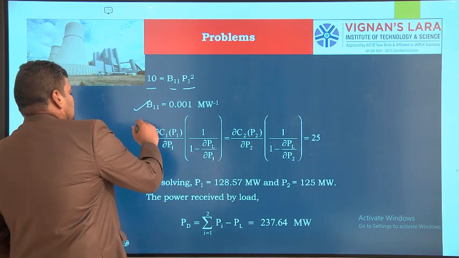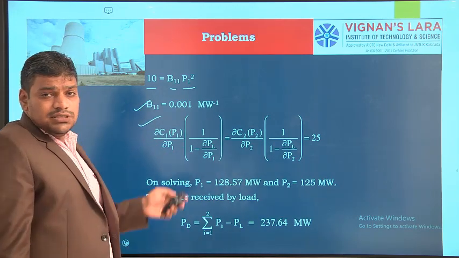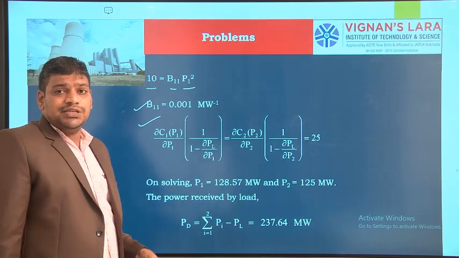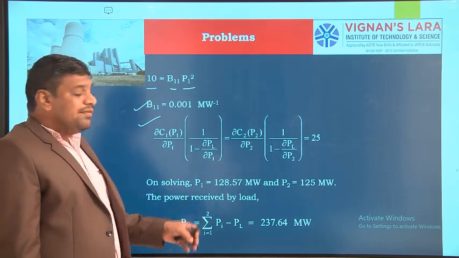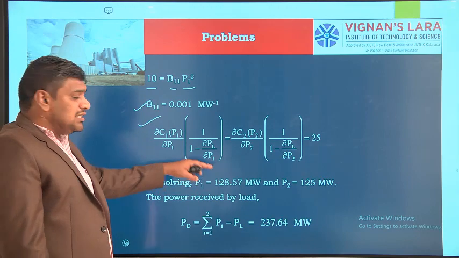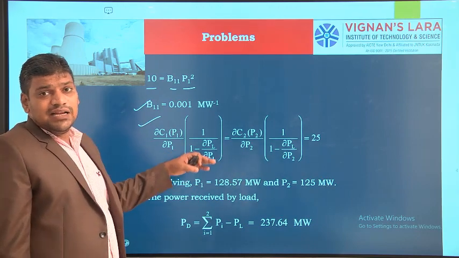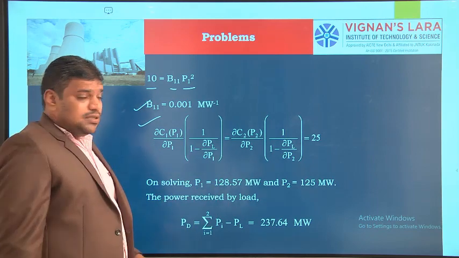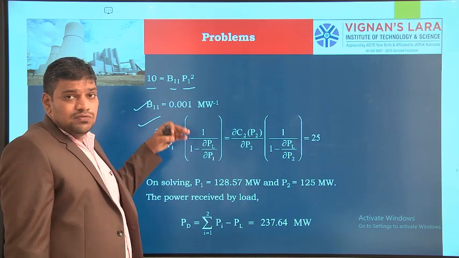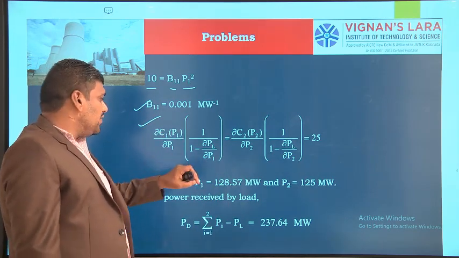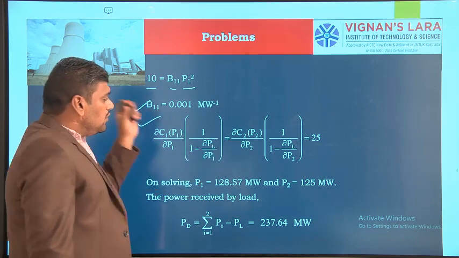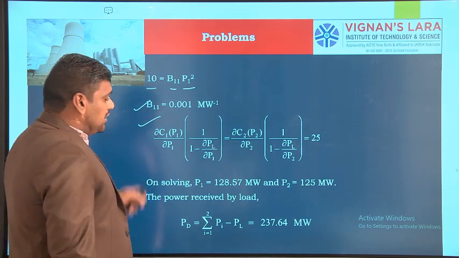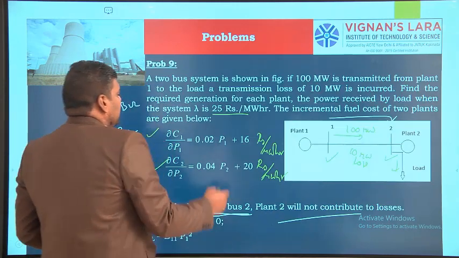Next, this is the coordination equation which is used for the economic operation among the available generators by including the losses. dC1 by dP1 into 1 by (1 minus dPL by dP1) is equal to dC2 by dP2 into 1 by (1 minus dPL by dP2), which is equal to lambda, 25, as mentioned in the problem.